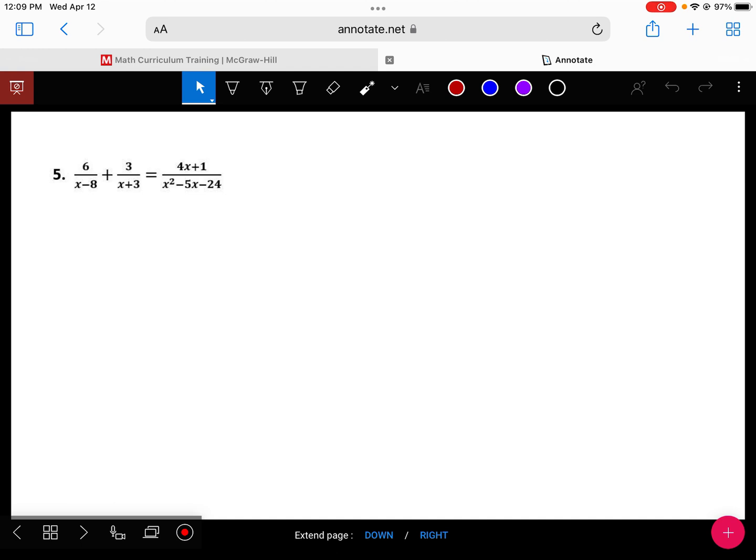First thing you need to do is factor this last denominator here. How did that factor? X plus 3 and x minus 8.